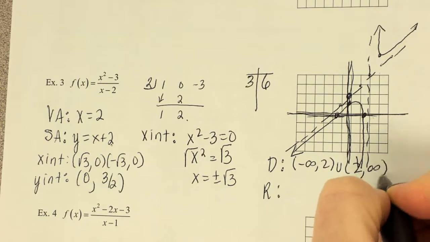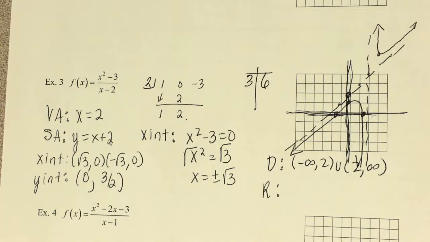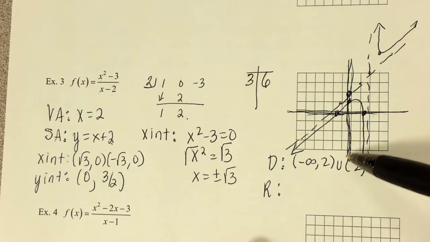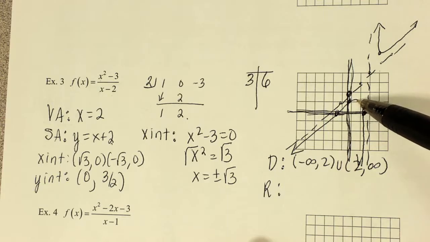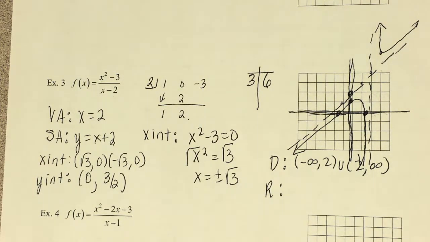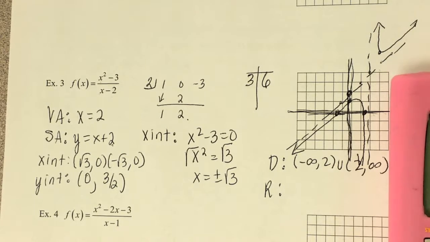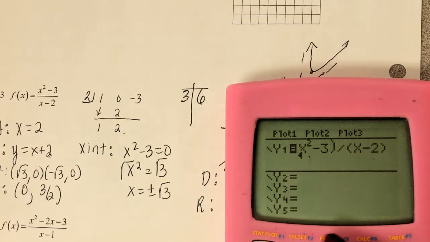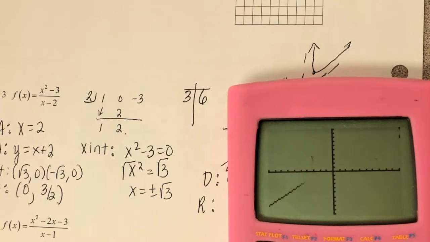Good. And then to find the range, it gets a little tough because I can see the range is going to go from negative infinity to this point, and then it's going to pick back up here. So I'm going to have to use my graphing calculator to find the range. It's the only way to do it. So putting that in, here's the way it looks.